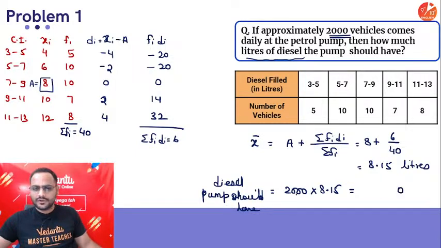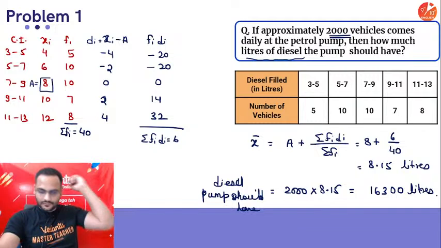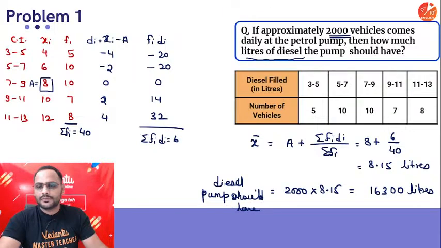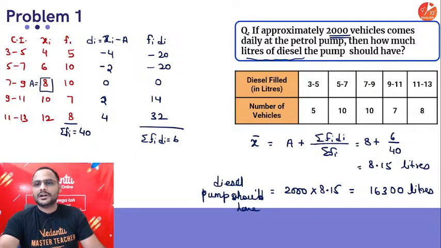So there will be 0 and then 2 5s are 10, carry 1, 2 1s are 2, plus 1 is 3, and 16,300 liters. This much amount of diesel would be required, 16,300. Found out the mean and then multiplied the mean with 2000.